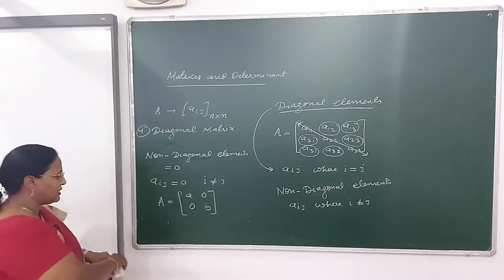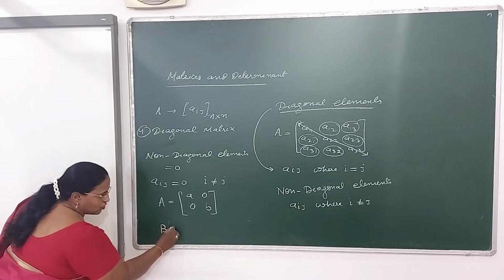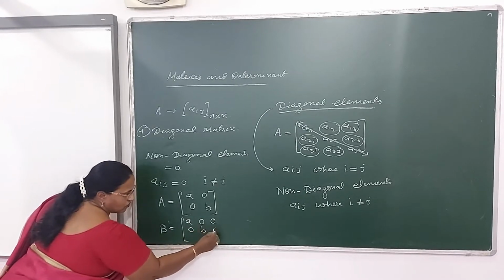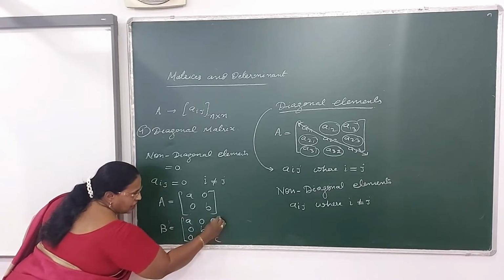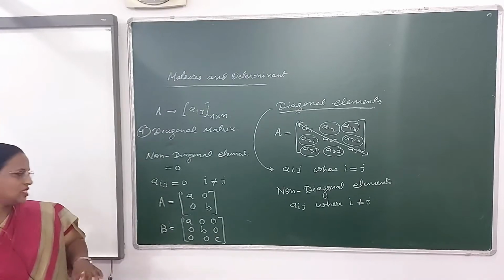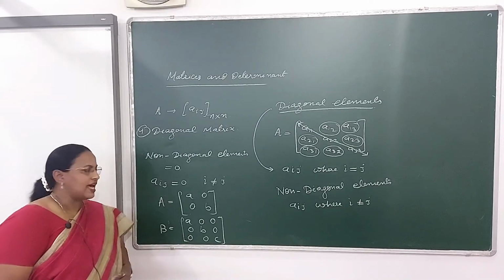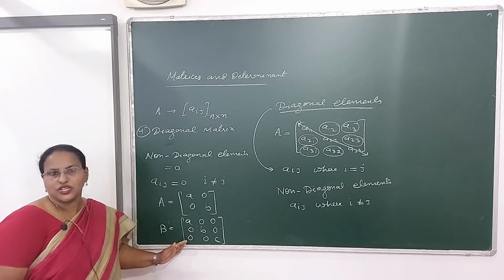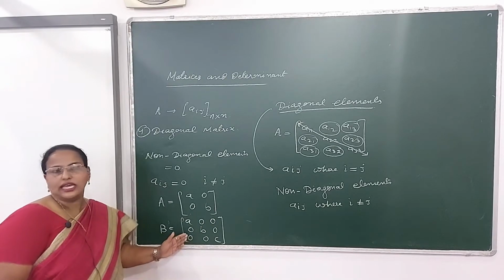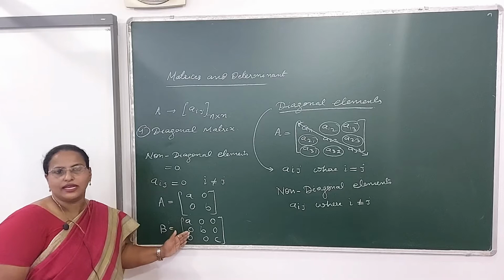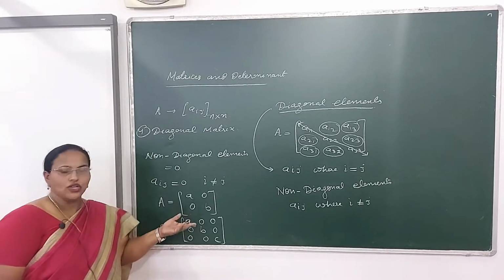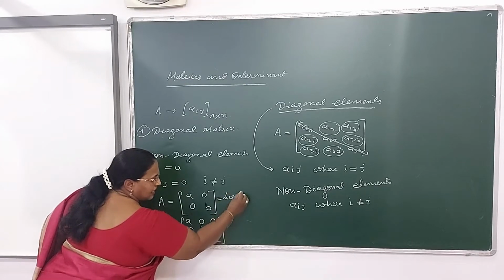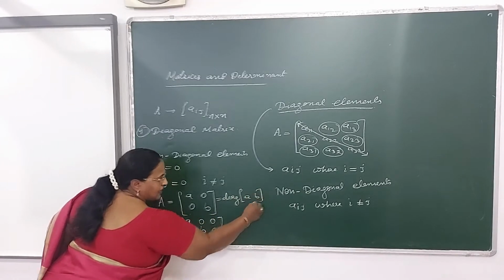Likewise, let us take one more example. Let B is equal to [a 0 0; 0 b 0; 0 0 c]. Now what about this? This is a square matrix. Moreover, the diagonal elements are a, b, c and the non-diagonal elements are 0. That means this is again an example of a diagonal matrix. In short, you can denote this as diag(a, b).